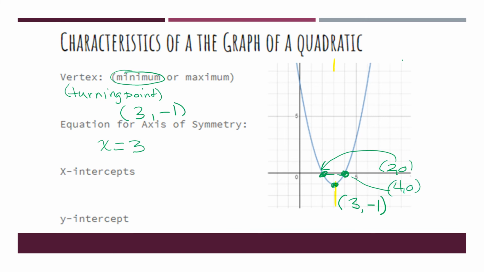And those are my x-intercepts, 2, 0, 4, 0. Now we have other names for those. We'll call them roots from time to time, and we'll call them zeros. So all 3 of these words are interchangeable, and you need to understand that they're the exact same thing. Last is our y-intercept, where it crosses the y-axis, and in this case it is the point 0, 8.